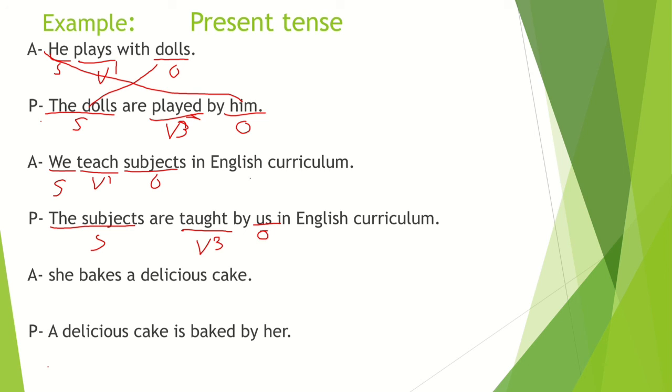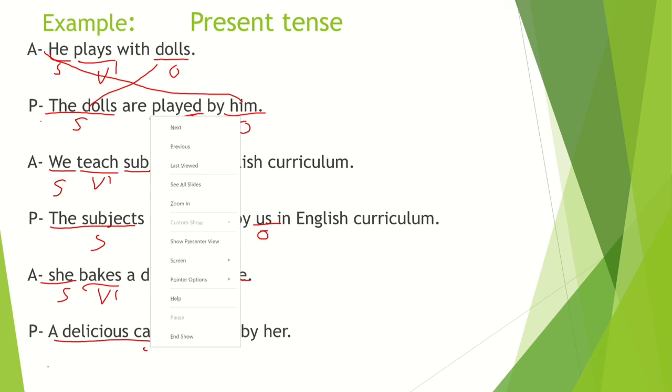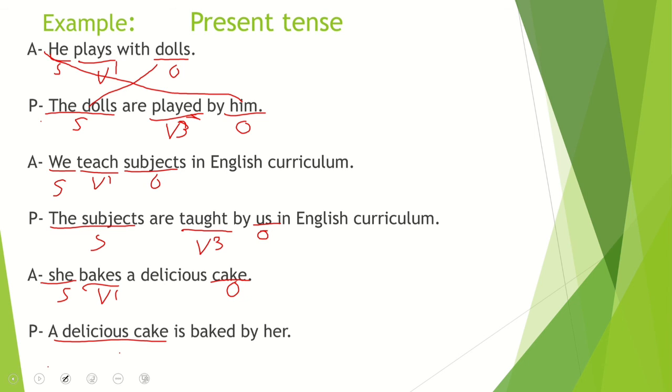Look over here, my dear, third sentence. Again, our subject is she, and cake is our object. Bake is the main verb. Now, a delicious cake is our subject. And her, that means who is the doer of our action? She. So she becomes object.